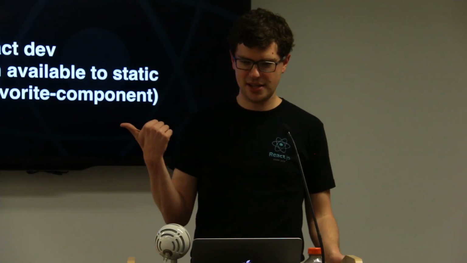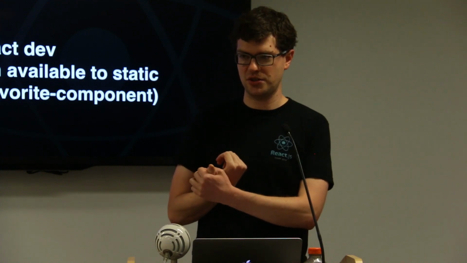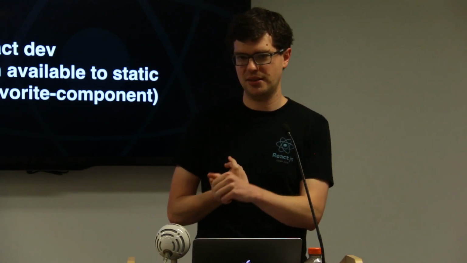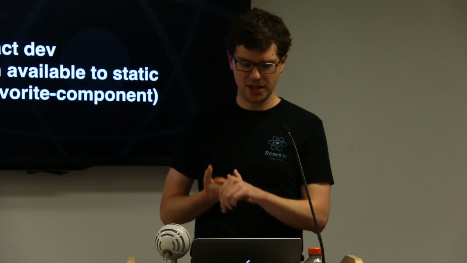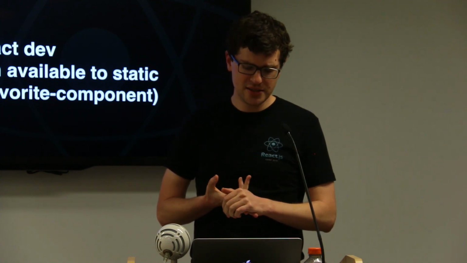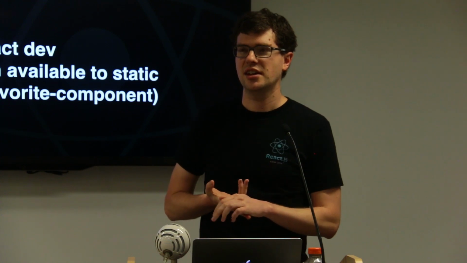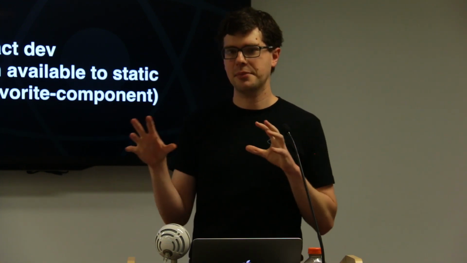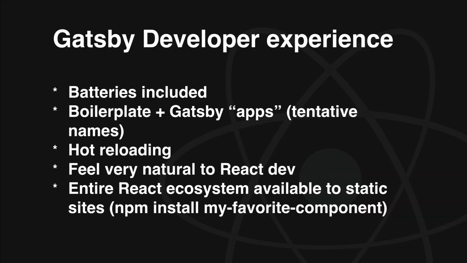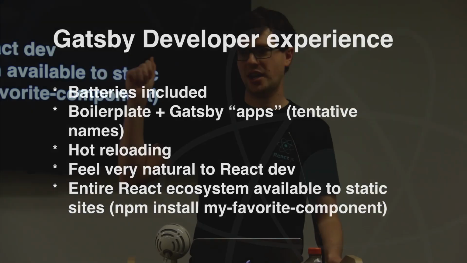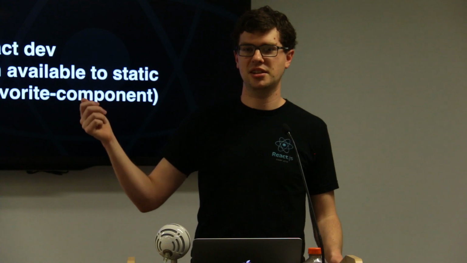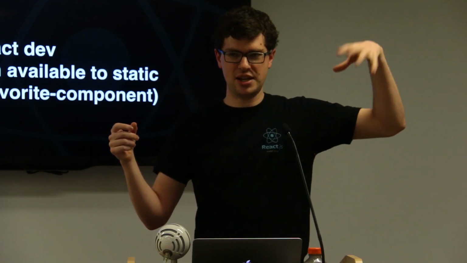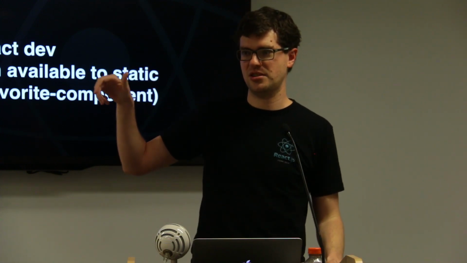Gatsby has three official starters or boilerplates: a kind of kitchen sink to demonstrate a bunch of stuff, then a blog, and then a documentation site. And something that's coming soon is a more sophisticated version of that, tentatively called Gatsby apps. Say there was an open source documentation site, which is a really common thing: you have some open source tool, a home page or splash page, and then a docs section and so forth.